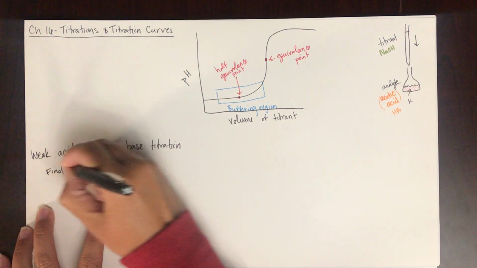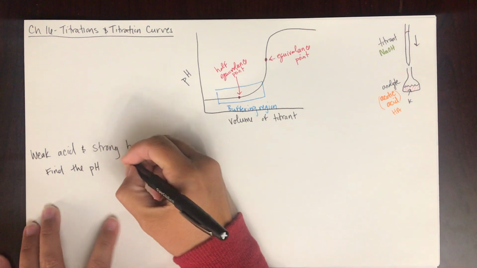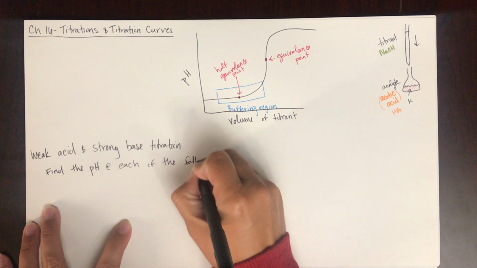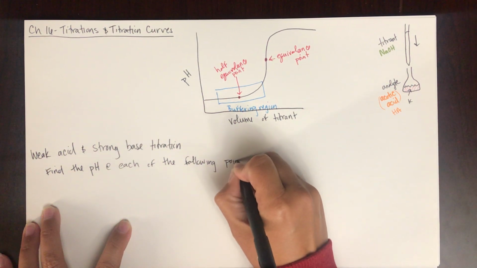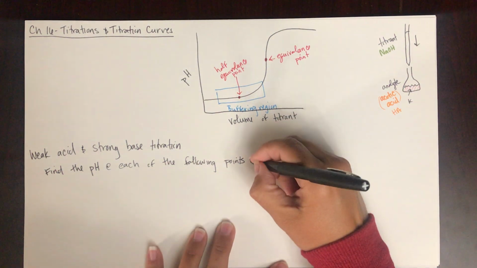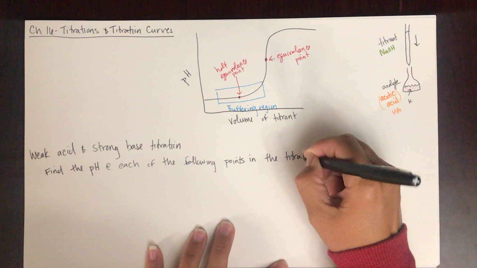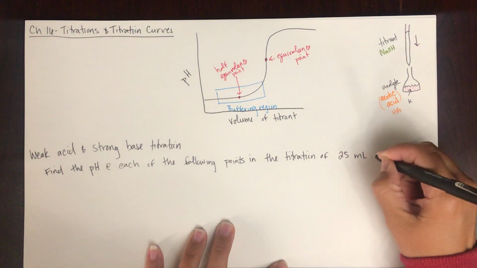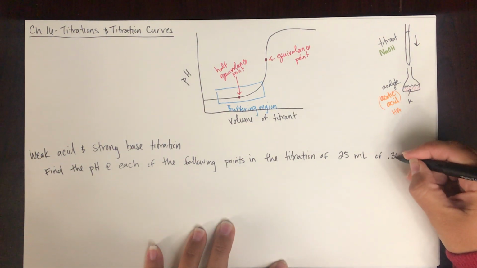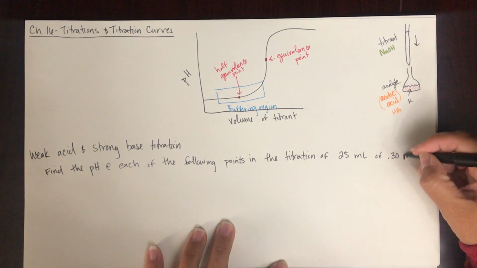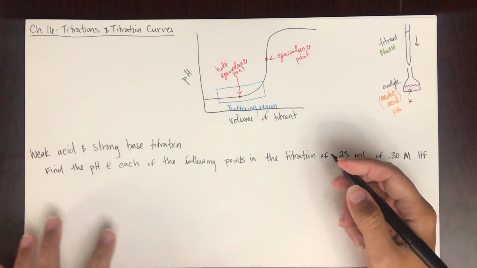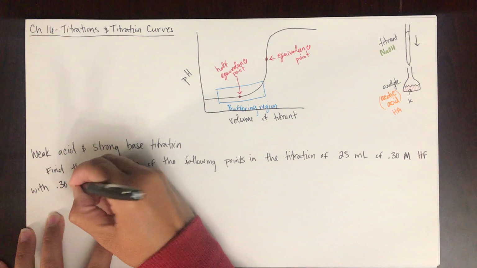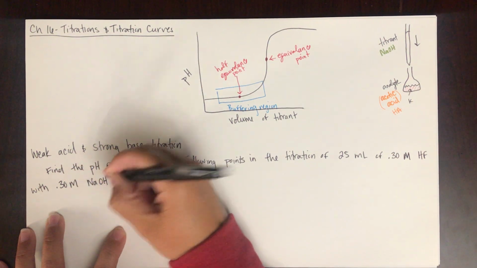So we're going to say, find the pH at each of the following points in the titration of 25 milliliters of 0.30 molar hydrogen fluoride with 0.30 molar sodium hydroxide.